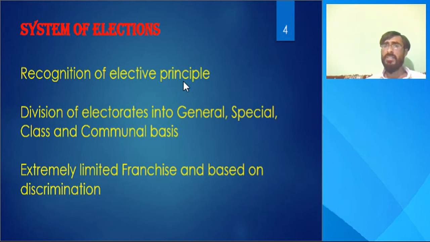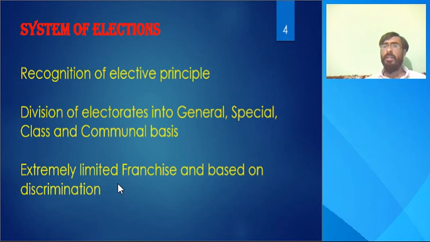But this provision was marred with the division of electorates into different categories, into different interests. The electorates were divided into general, special, class, and communal basis, and this marked this elective principle. Further, the franchise was extremely limited.